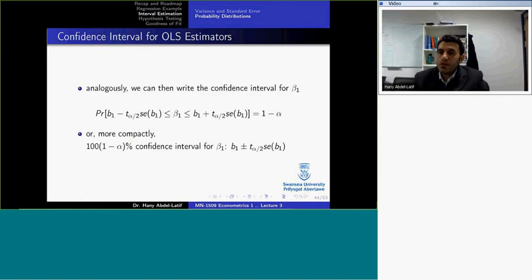So now let's say we can do the same for beta 1. We can construct a confidence interval for beta 1, and again, why are we doing that?